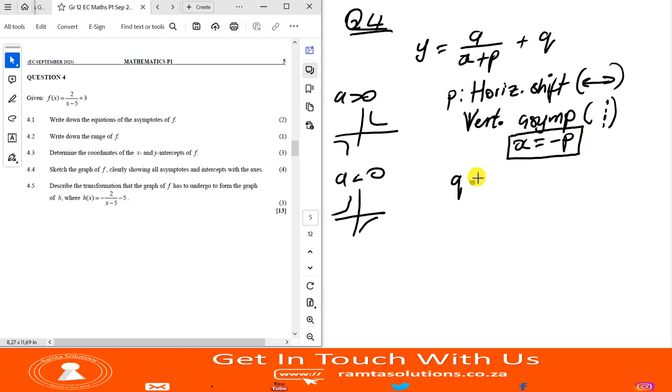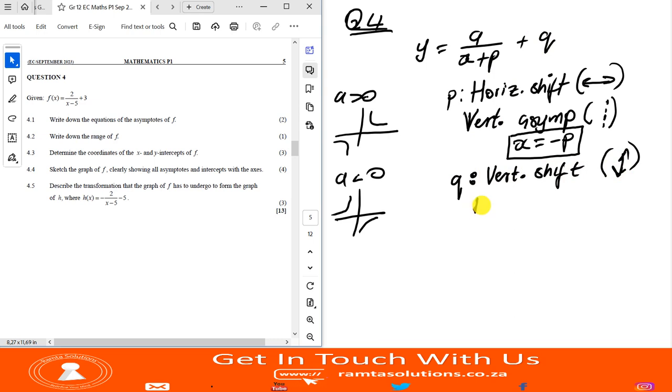Now, you get to q. Q is what we call the vertical shift, which is to do with movement up and down of your function.